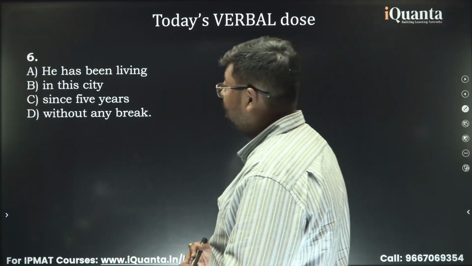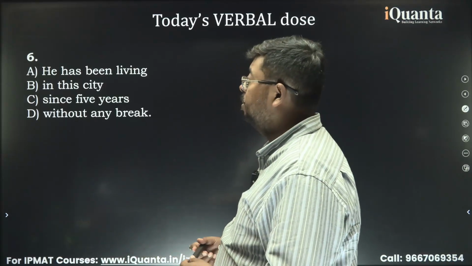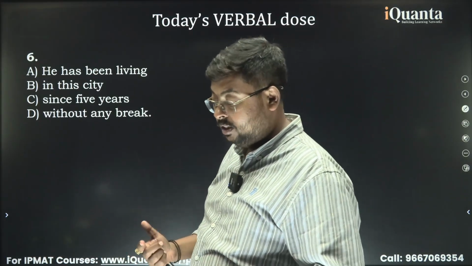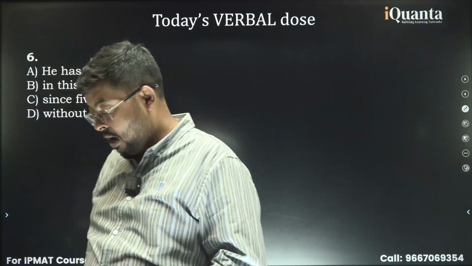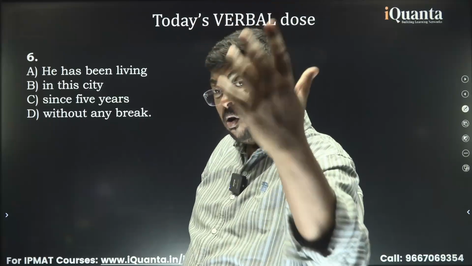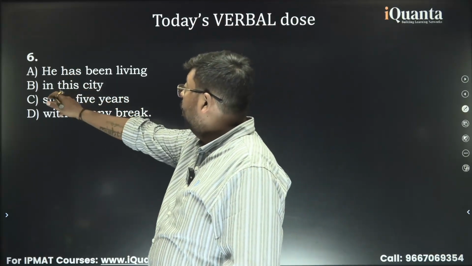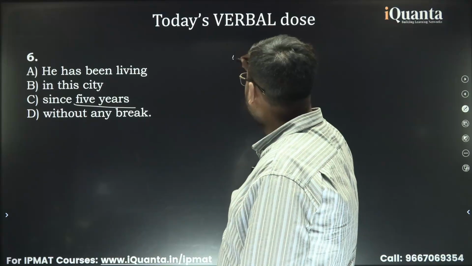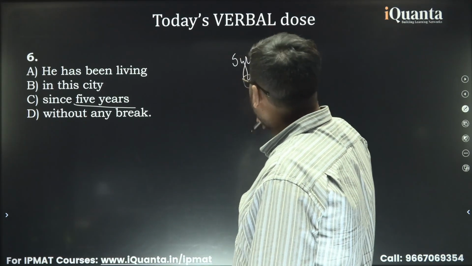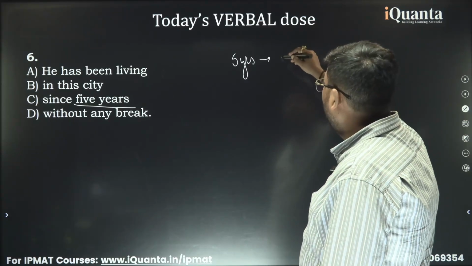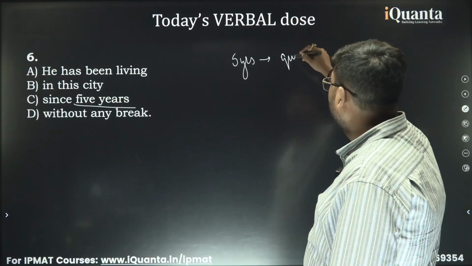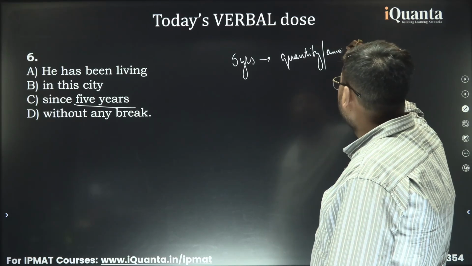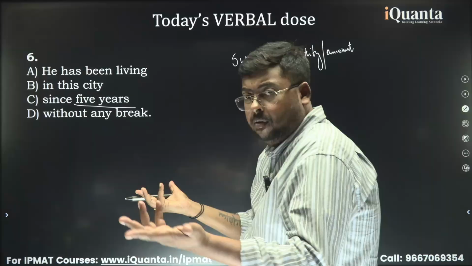Let's go to the sixth. He has been living in this city since 5 years without any break. What is going wrong out here? Okay, 5 years. What is this 5 years? 5 years means it is talking about quantity, or amount of time, right?